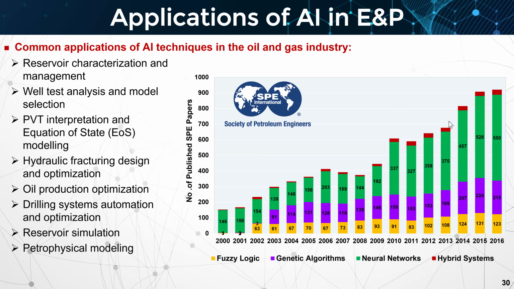As colored in green, machine learning or neural networks is the widely used technique in terms of the published SPE papers and their applications, followed by, as you can see, genetic algorithms, fuzzy logic and hybrid system. That's why we are focusing more and getting more interest for the artificial neural networks.